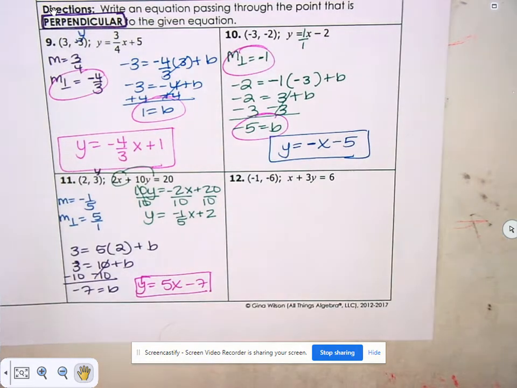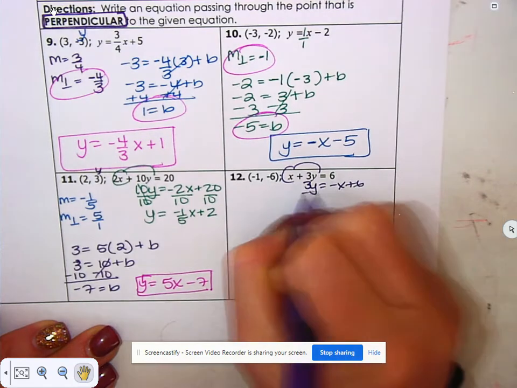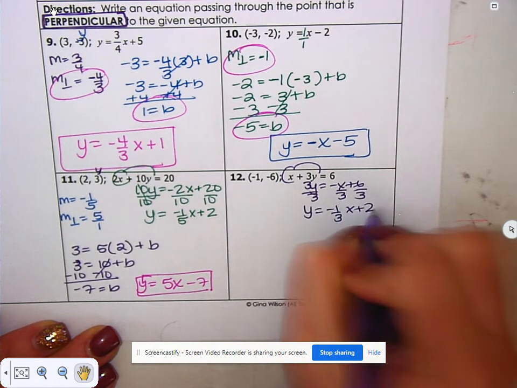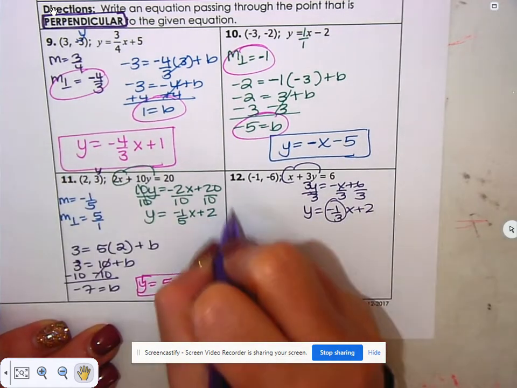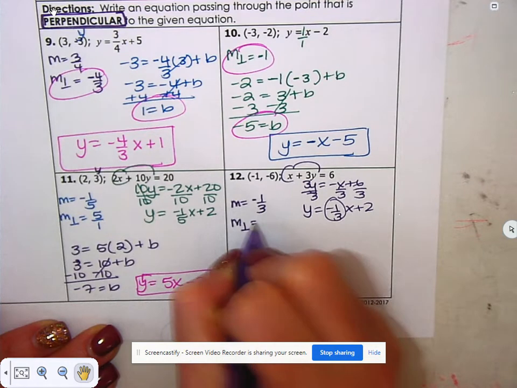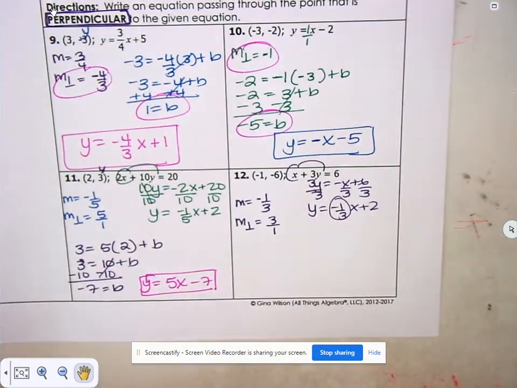All right, and our last one, number 12. Okay, so again, we're going to rearrange. Okay, so right now my m is negative 1/3. So my perpendicular m is going to be positive 3/1.